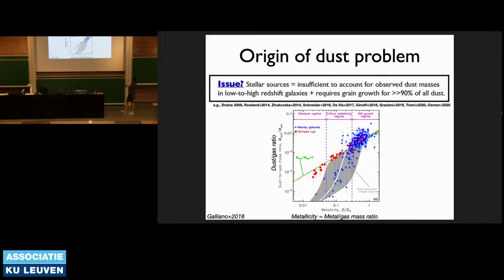Typically the way people interpret this diagram is that grain growth will be dependent on the metallicity, the amount of metals that you have available in the gas phase for accretion on the surfaces of dust grains. So at low metallicity, grain growth is not efficient, and then you reach a certain critical metallicity threshold where grain growth starts being efficient and you start growing your dust mass in galaxies. That's the interpretation of this diagram.